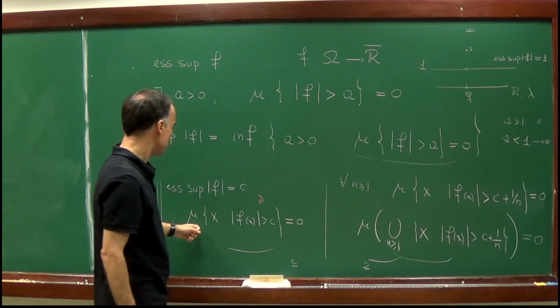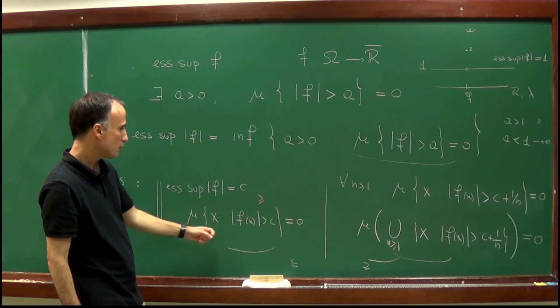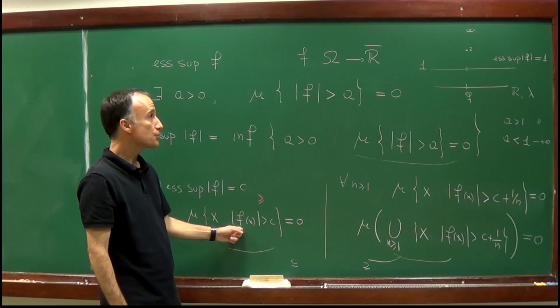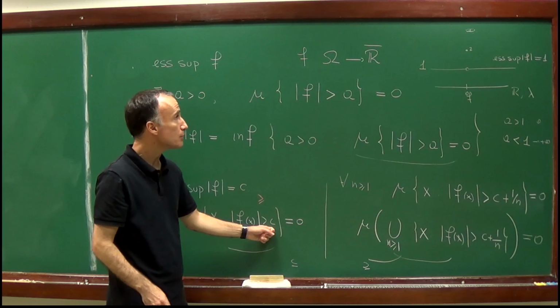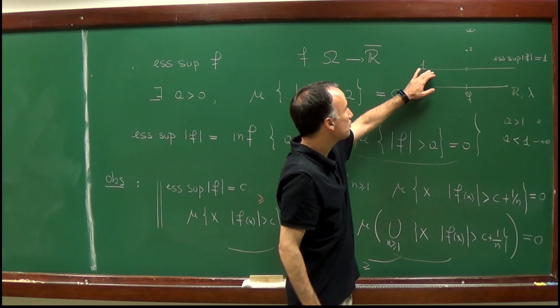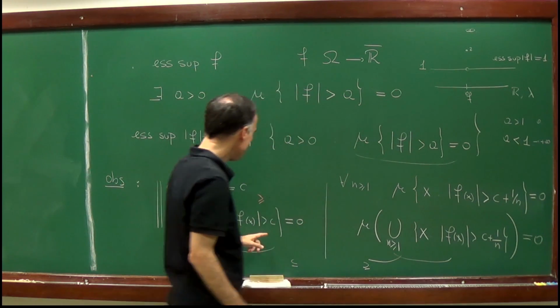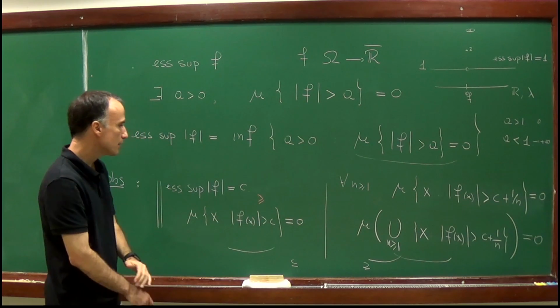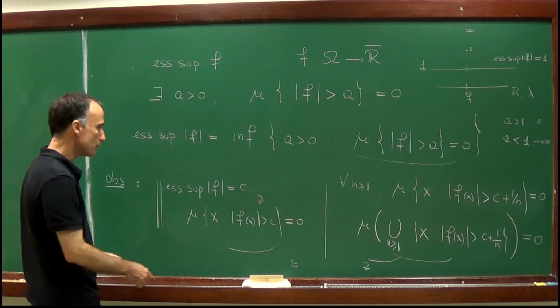If I now compute the Lebesgue measure of all points x such that that function is larger or equal than 1, I get plus infinity. So here the strict inequality is very important.